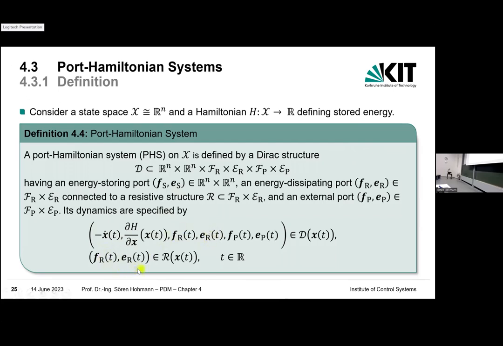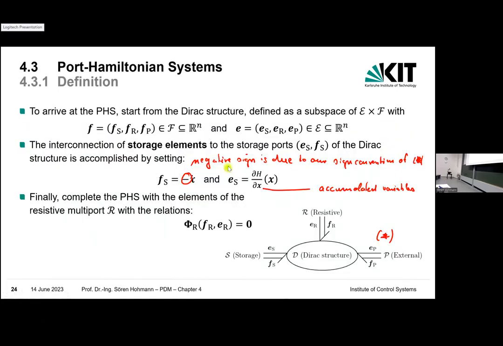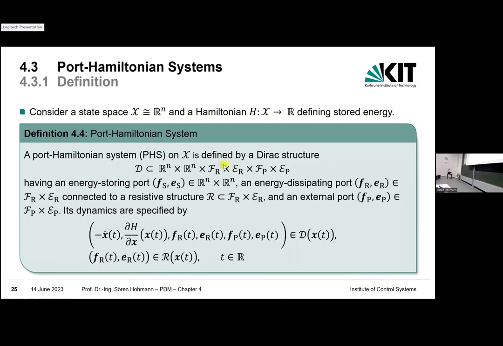They have to belong to the space of the resistive relation. So basically, this relation is fulfilled. That's how it was introduced for resistive relations. And then we have the external port. That's it.